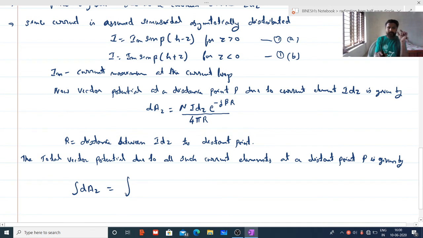Here I have taken only a single point, a single current element I dz, so we have to calculate for all such points.